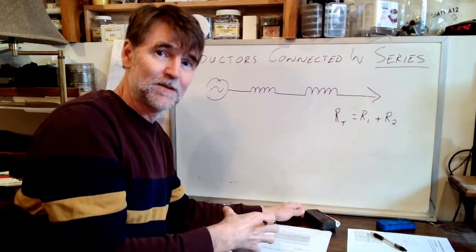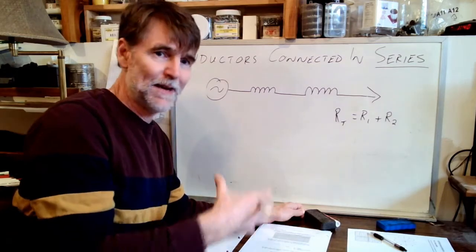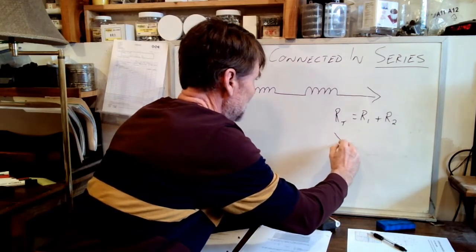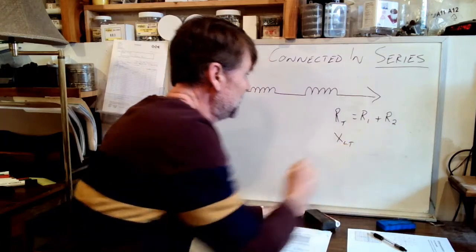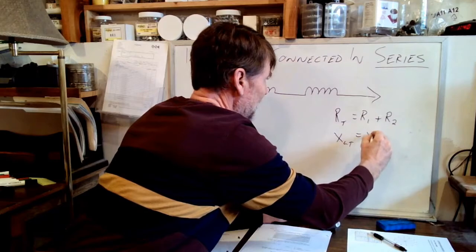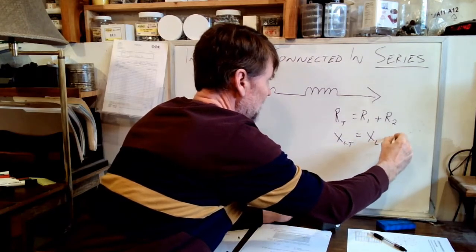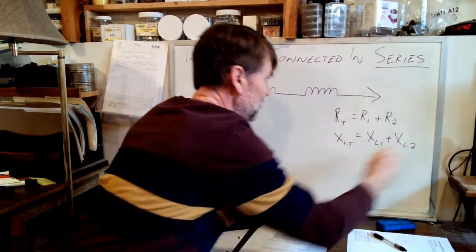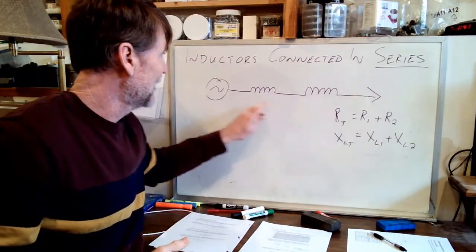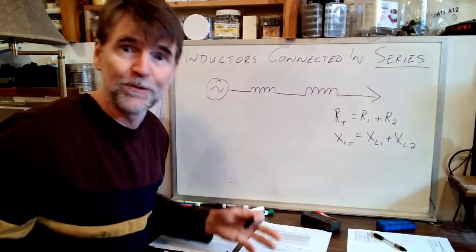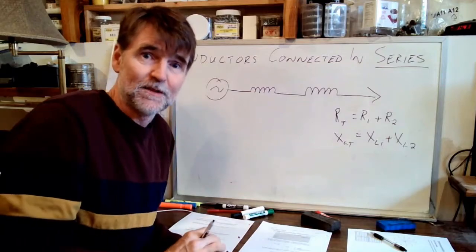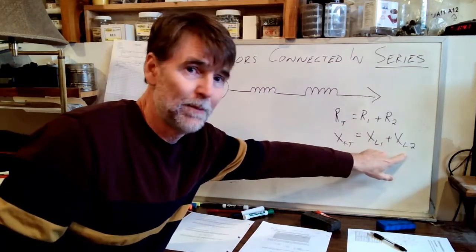We call it reactance, but we can conceptualize it in the very same fashion, so that we can say that XLT, the total inductive reactance, equals XL1 plus XL2. So we can follow the rule that we already know in a series circuit. Just add up the resistances. The same is true in a series circuit, just add up the reactances. Okay, so we can do that, add them up.